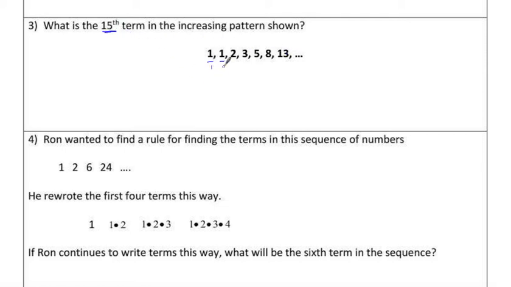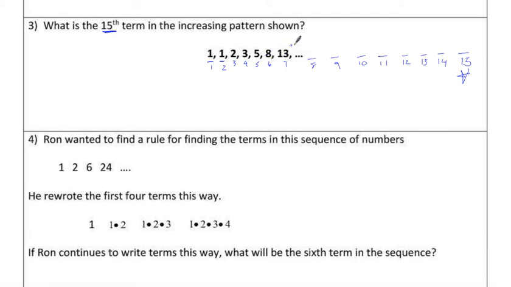So I have 1, 2, 3, 4, 5, 6, 7, 8, 9, 10, 11, 12, 13, 14, and 15, and I need to fill in all those spaces to get to where I need to go. So remember the Fibonacci sequence, you add the two numbers in front of it to get the number you're looking for.